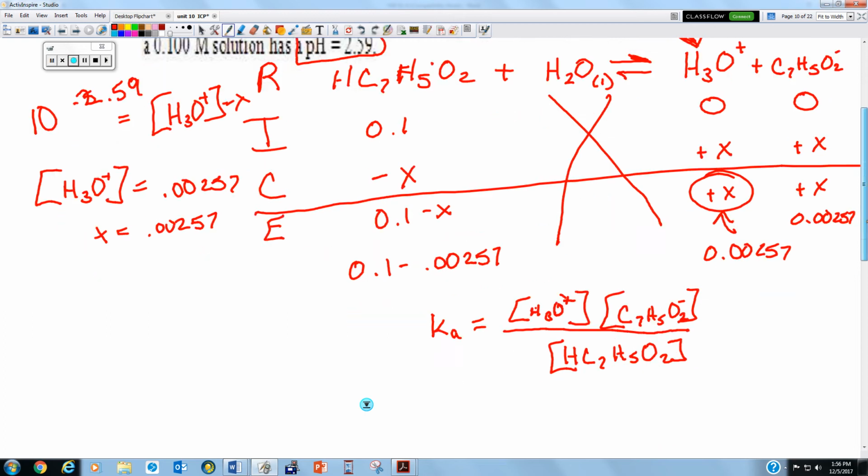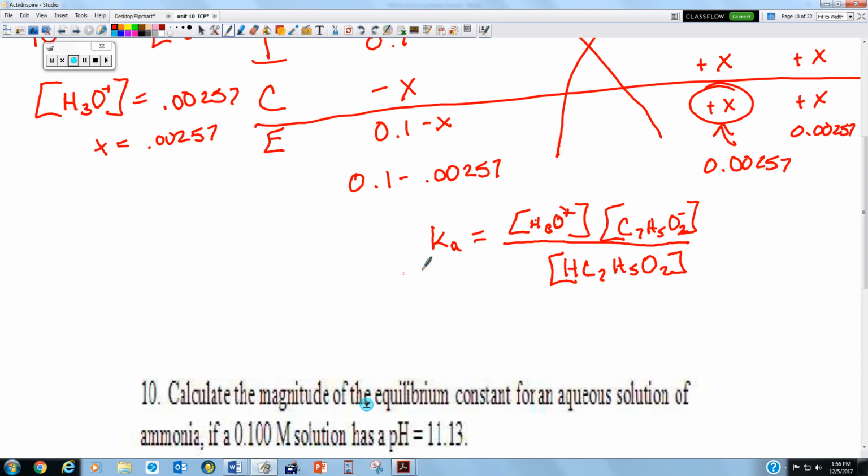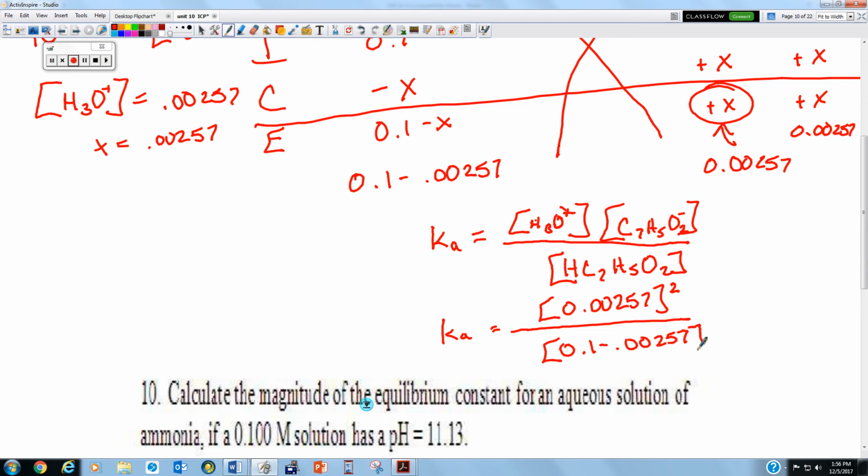And then now all I have to do is just plug in my numbers. So Ka is equal to, I'm going to take a shortcut, 0.00257 squared, because I'm just multiplying the same number by itself, over 0.1 minus 0.00257.